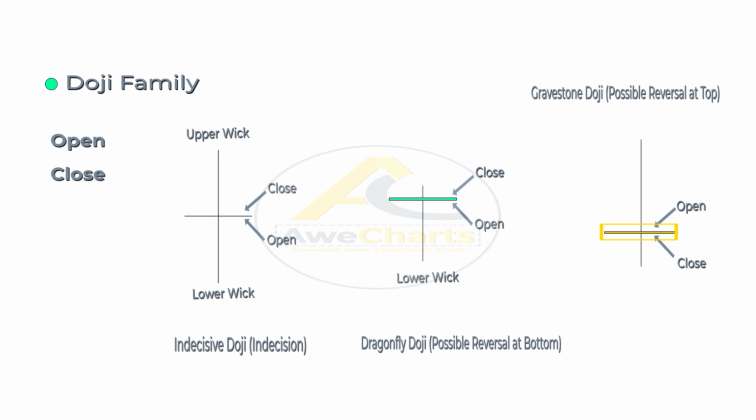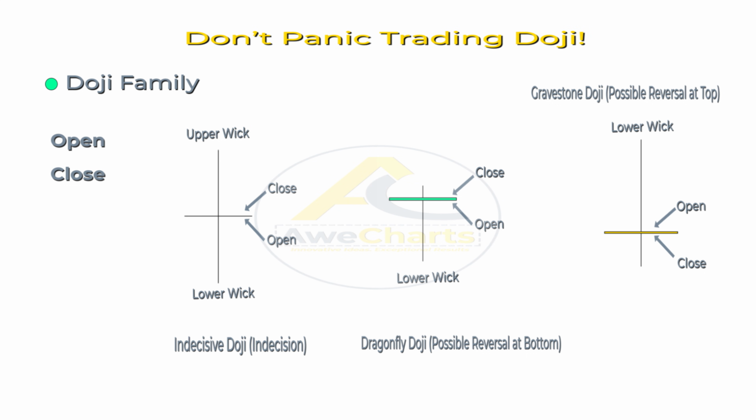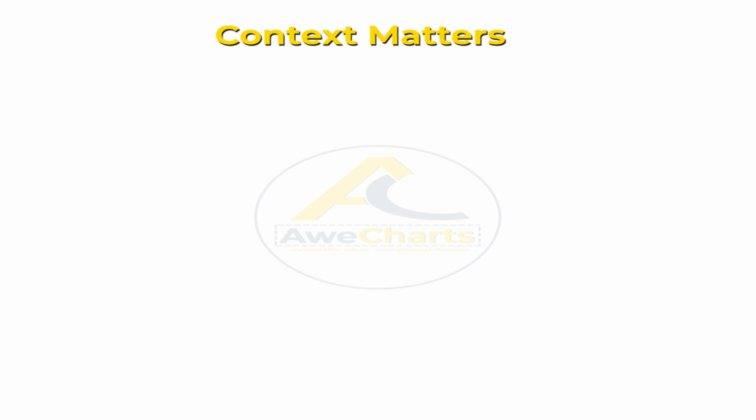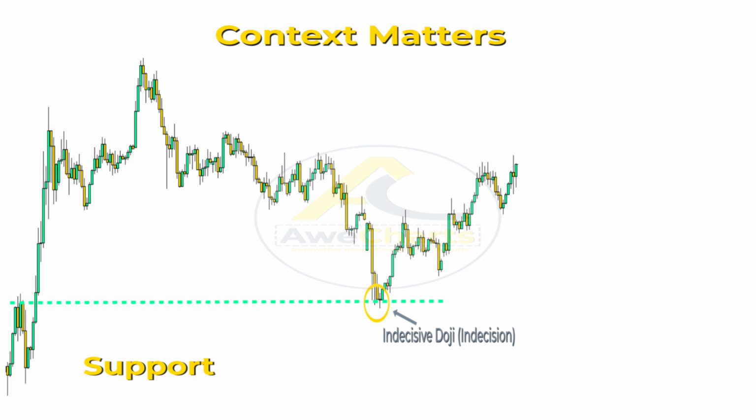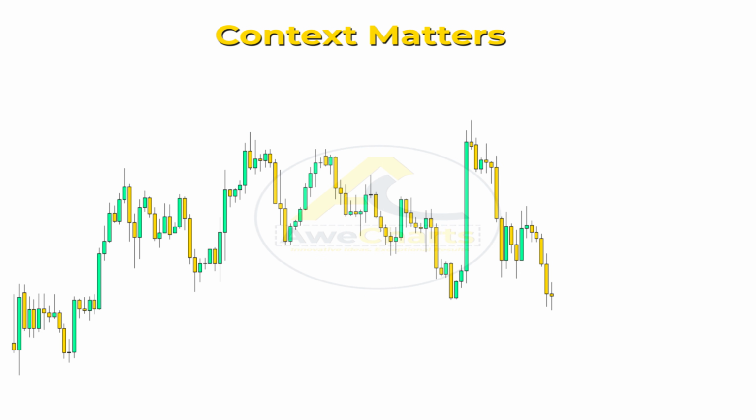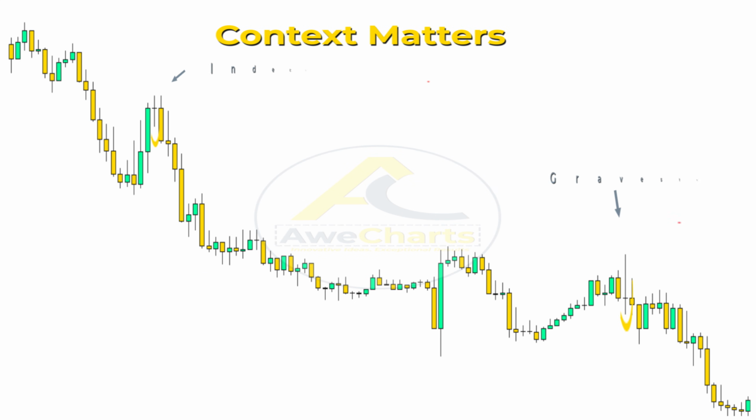Open and close are almost at the same price level, but with a long upper wick. Price got pumped up, but sellers slammed it down. This means a reversal alert at the top. Don't panic trading dojis. Just have it in mind that context matters, especially at support, resistance, key levels, and trend.